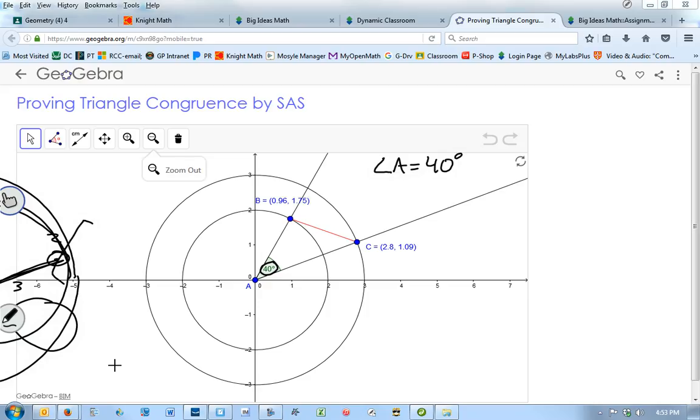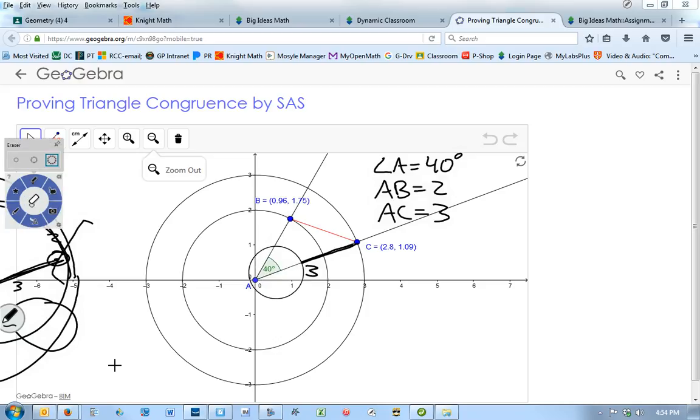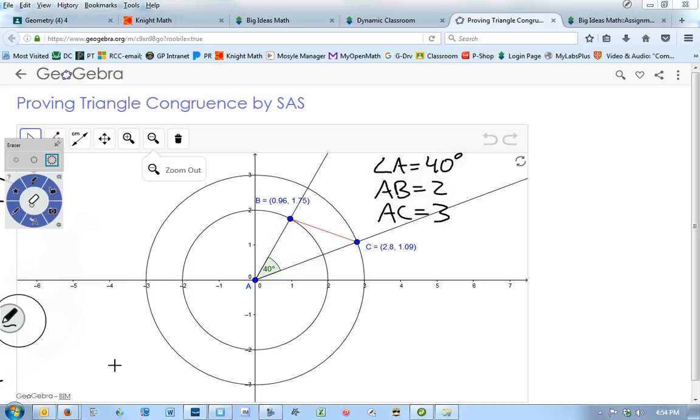I want AB, from A to point B, to be 2 units, and I want AC to be 3 units, because it's stuck to the circle. So the question is, if those things are true, what will the triangle look like? Can it look like different things, or only one certain thing?